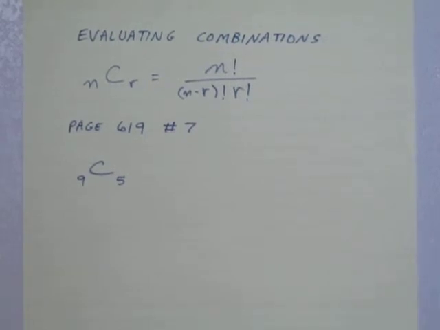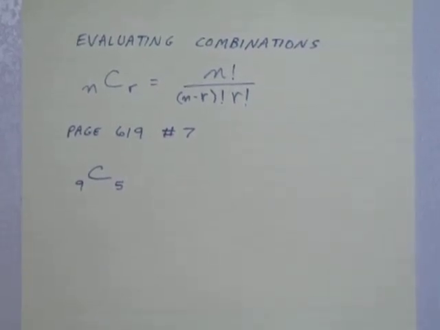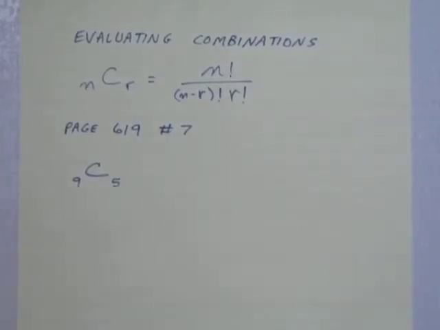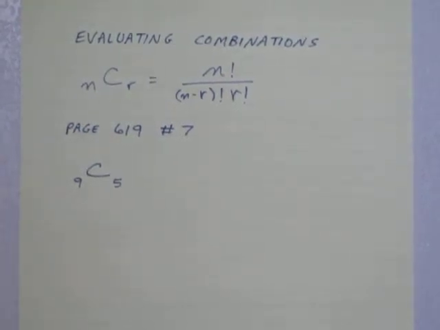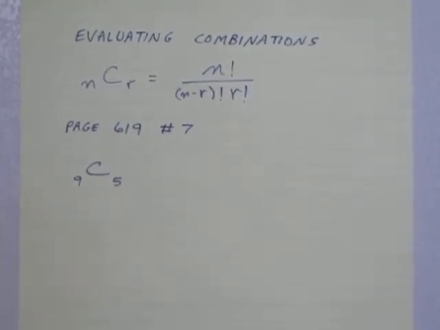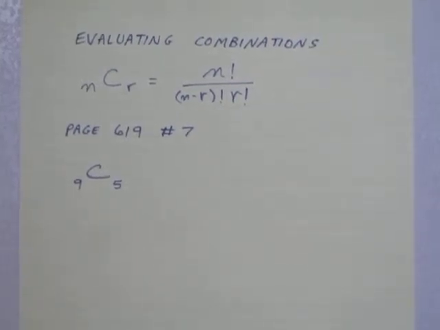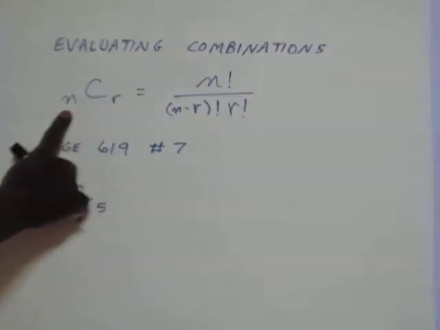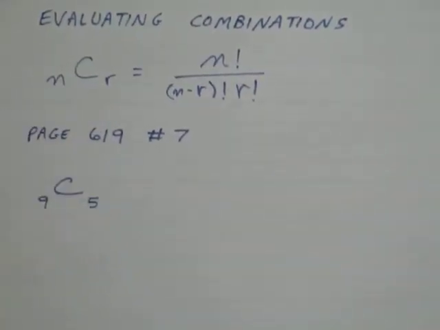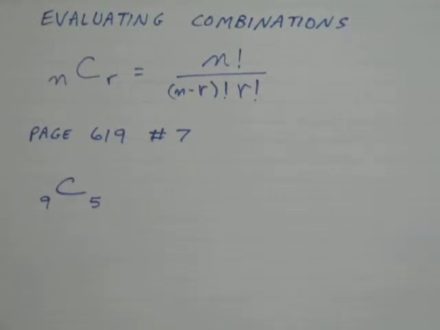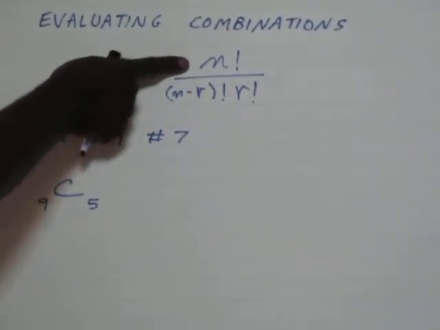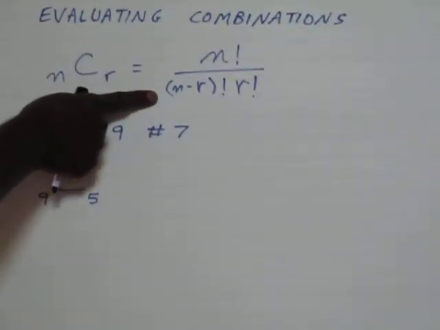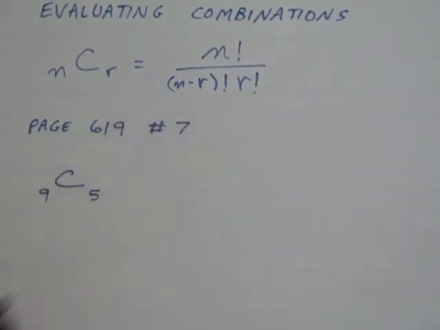Last problem we're going to look at deals with evaluating combinations. Combinations deals with making selections from some group, and the order doesn't matter. The symbol, this is read combinations of n things taken r at a time, and the formula is n factorial divided by n minus r factorial times r factorial.